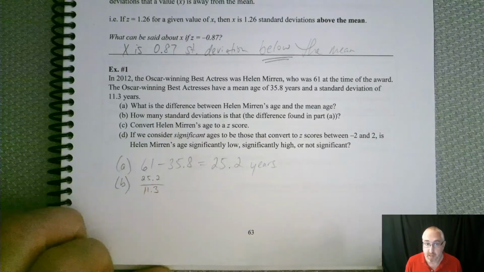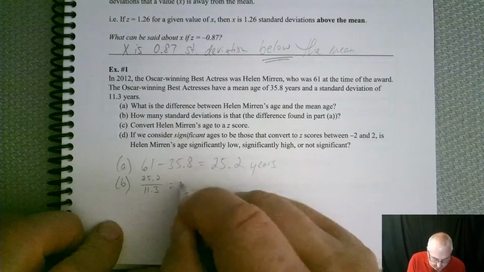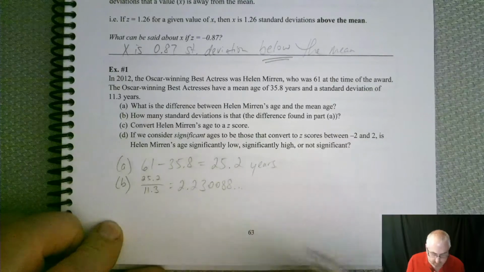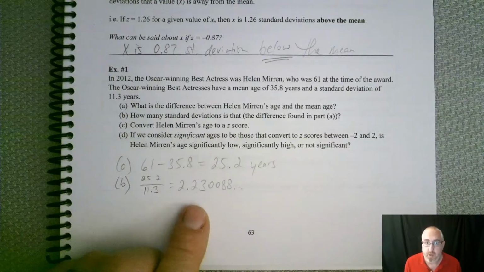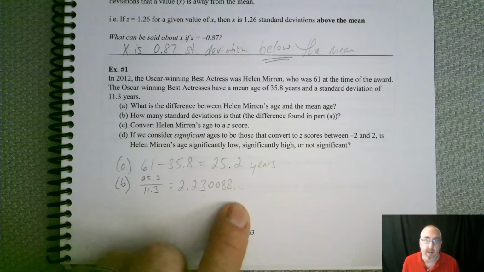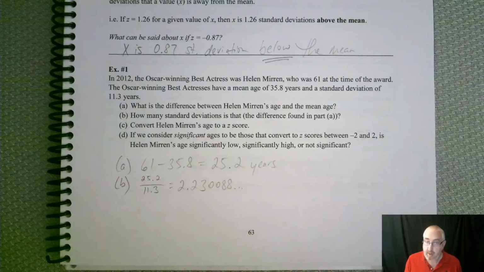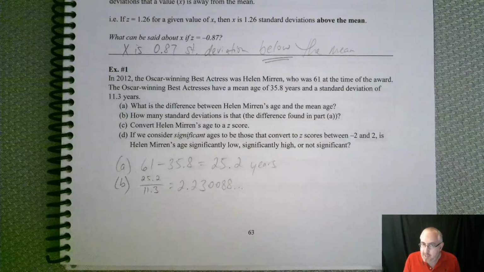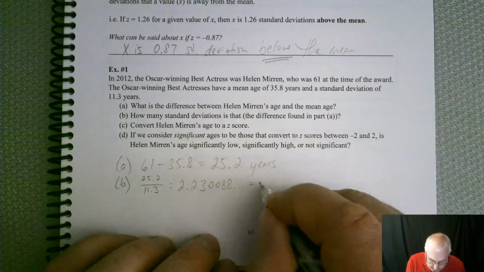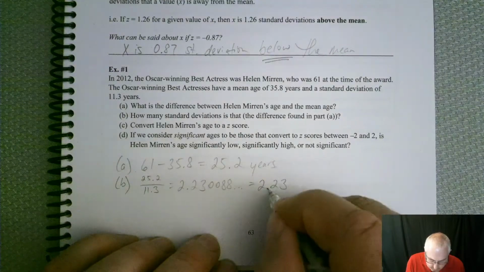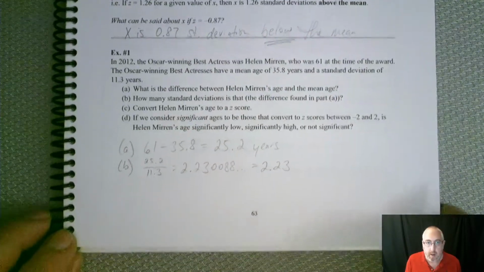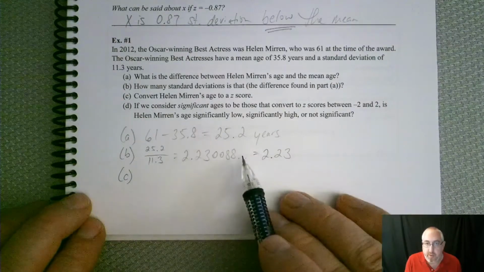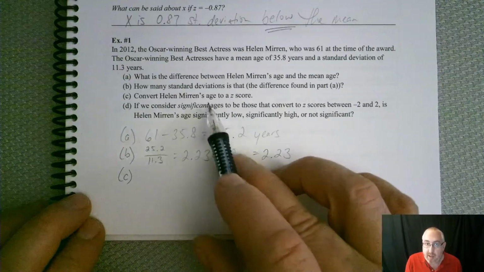We just want to see how many times it goes in. If I recall correctly, it's a long decimal, 2.230088 and it just keeps going. Going back to what we said before, this is like a z-score, so let's round it off to 2 decimal places. So 2.23.